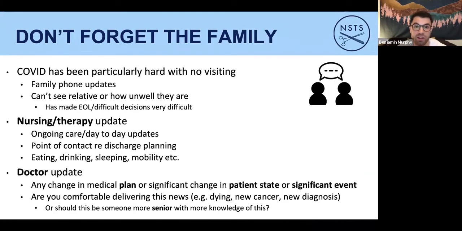And last but not least, don't forget the family, especially at the moment. Visiting's getting a bit better in our trust, but I know some hospitals are still being quite strict with visiting hours. It's been so difficult for them to picture how their family member is doing without seeing them.